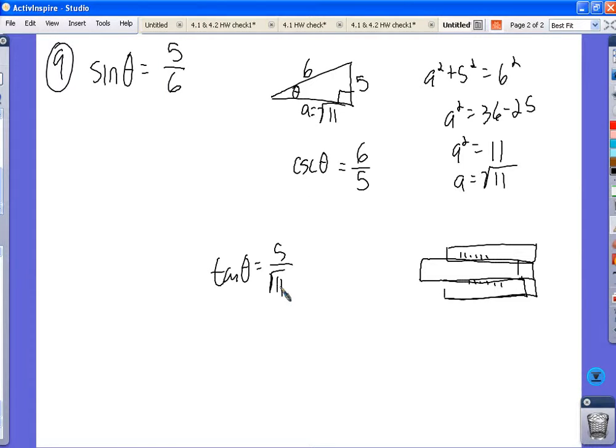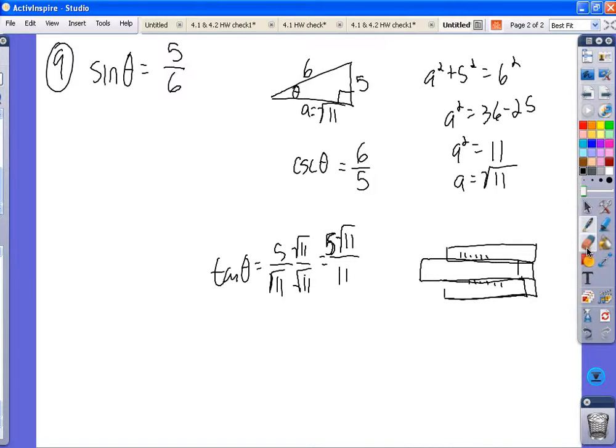Can we multiply the denominator by something so that it's no longer a square root? Yes, multiply by the square root of 11. We get 5 times the square root of 11 over 11. That's something they could do with their slide rules, and we get to keep doing it today.